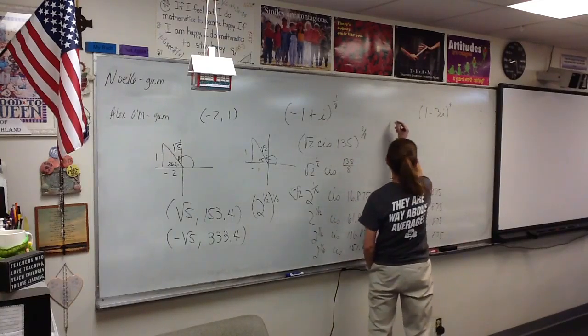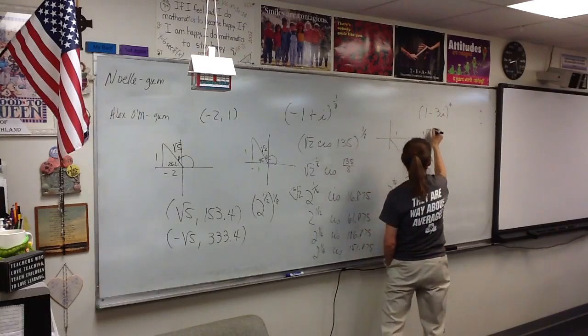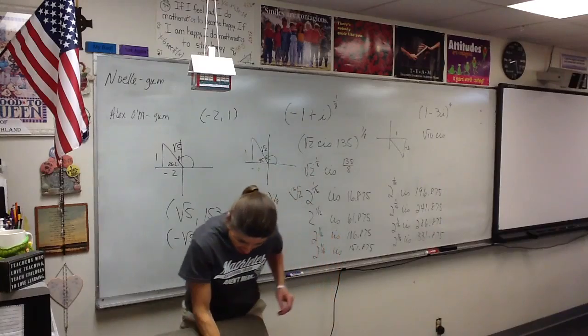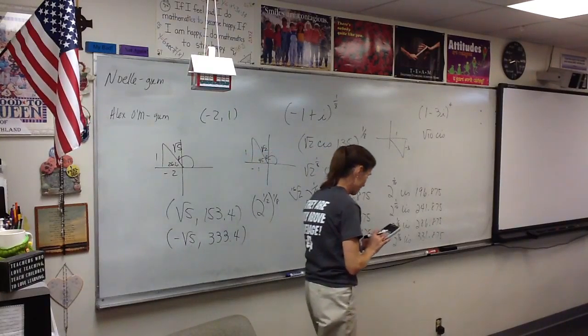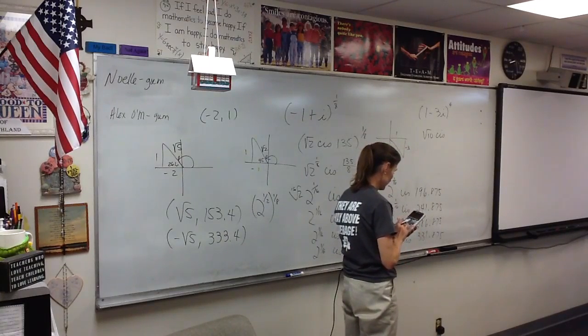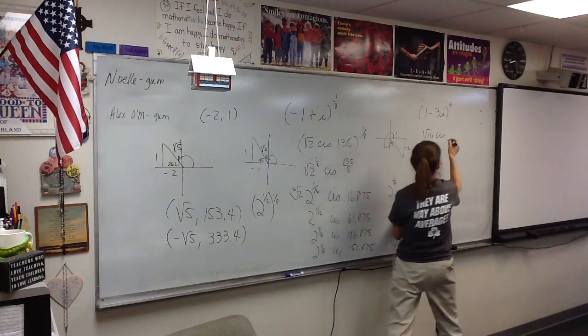Yep, if we're going to raise it to a power, we have to have it in polar form. So my radius is √10, and I need a calculator for this angle. So this is the angle I need, so it's 288.43.